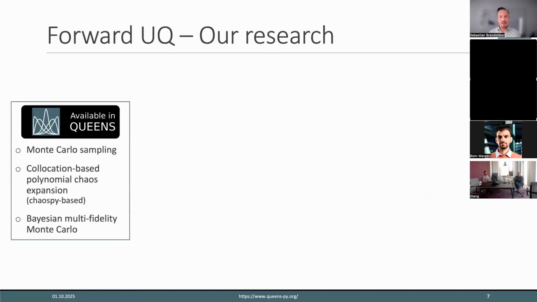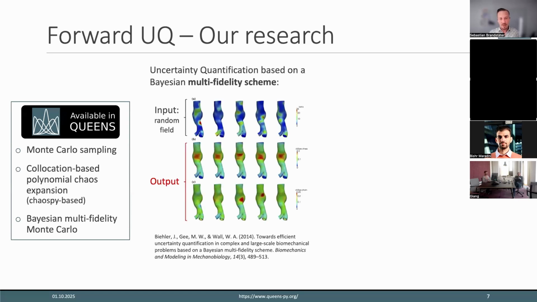And in both of these we do research and develop new methods. Just two examples for the forward uncertainty quantification to give you an idea of what we do. And this is all usually in combination with 4C, to be honest. So in this example, Jonas Bieler has done a study where he changed the thickness of an aneurysm according to a random field.